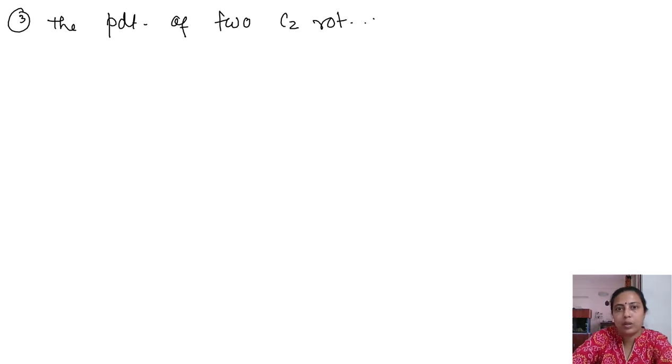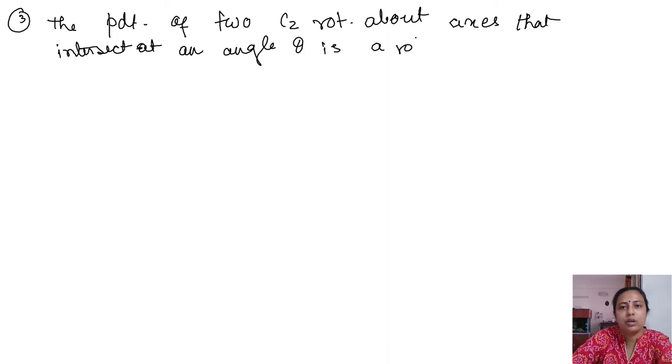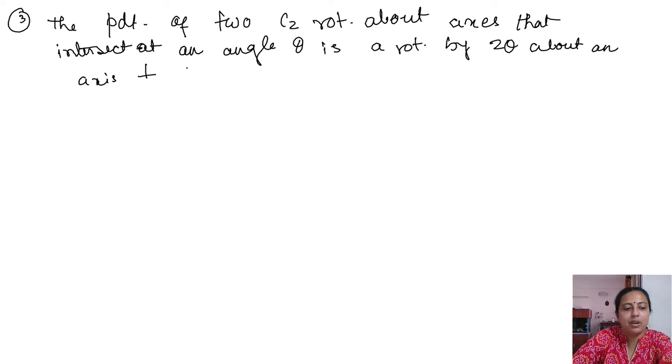So it says the product of two C2 rotations about axes that intersect at an angle theta is a rotation by 2 theta about an axis perpendicular to the plane of the axes.